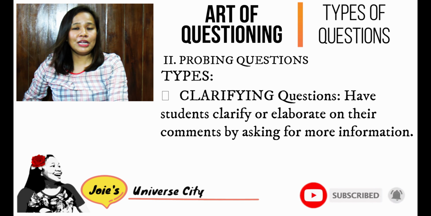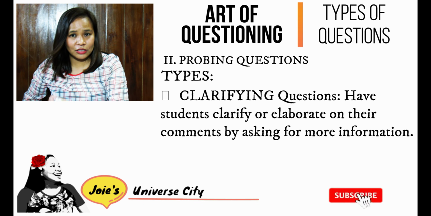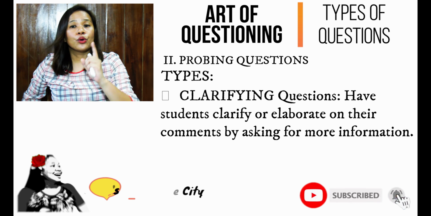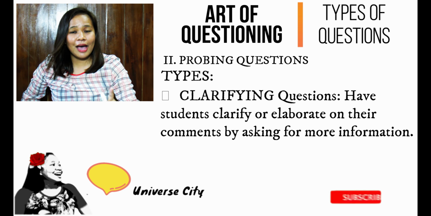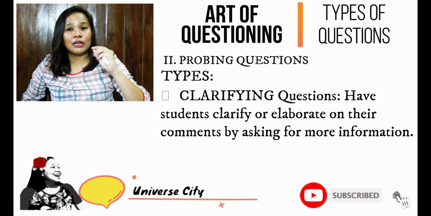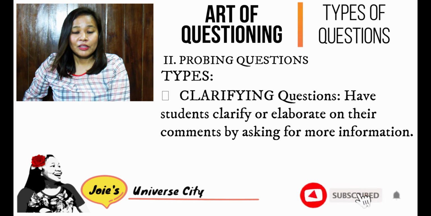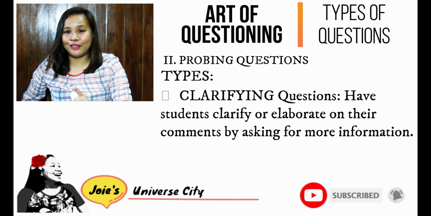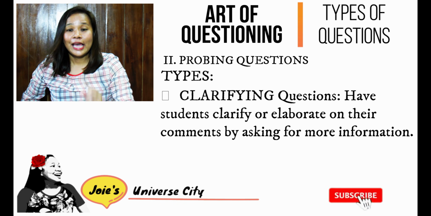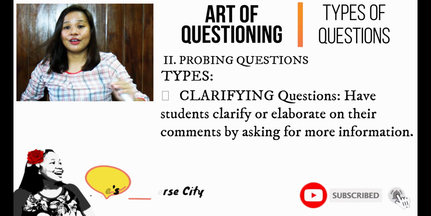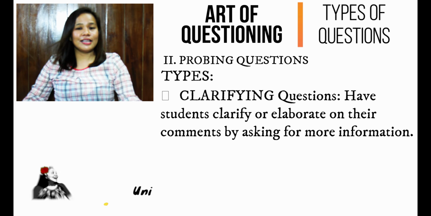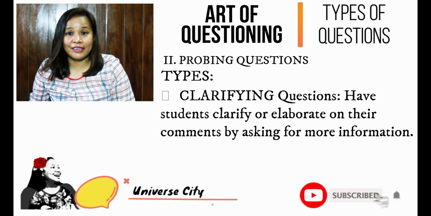The teacher has to ask good questions so that students would be led to the formulation of good answers. The students will never give good answers if teachers do not have this skill. So that is an example of clarifying questions.